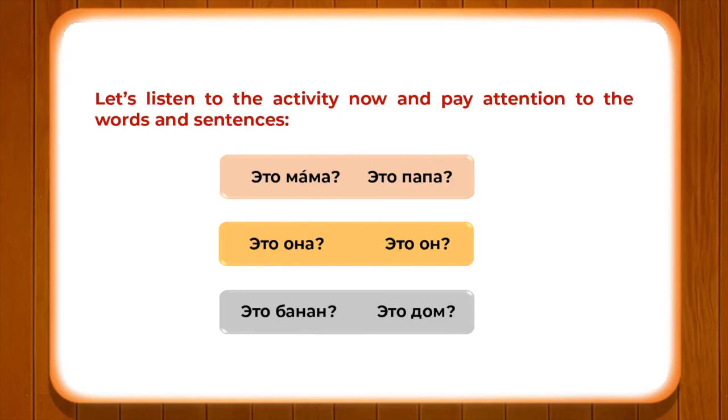This question mark which you can see indicates that I am asking, is this father, is this mother, is it she, is it he, is it a banana, and the last one, is it a house.